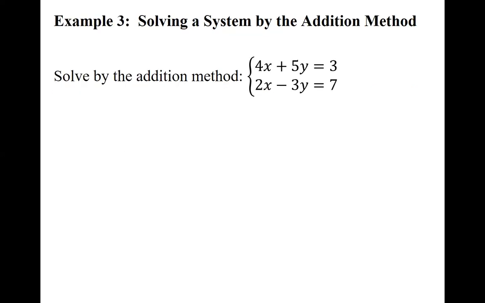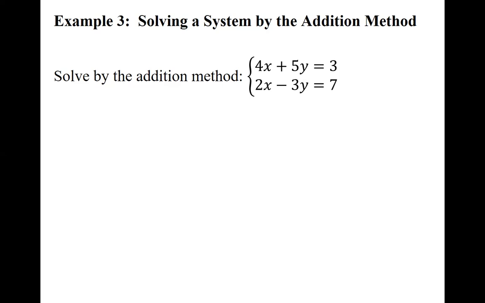So let's solve by addition. 4x plus 5y equals 3, and 2x minus 3y equals 7. Well, notice if we added these together, we would get 6x plus 2y equals 10. That doesn't do us a lot of good, though, because we can't solve that for x and just get a number, and we can't solve that for y and just get a number. We're still going to have the other variable.